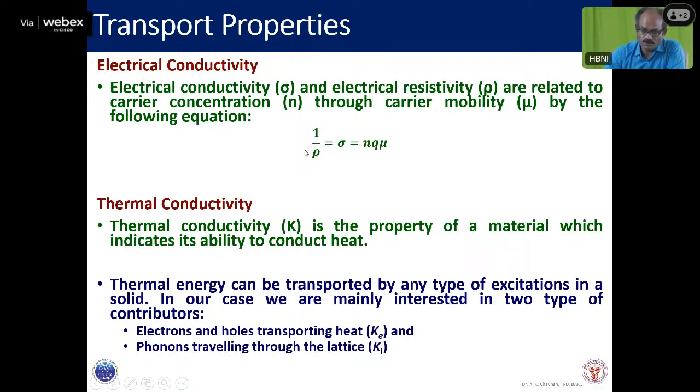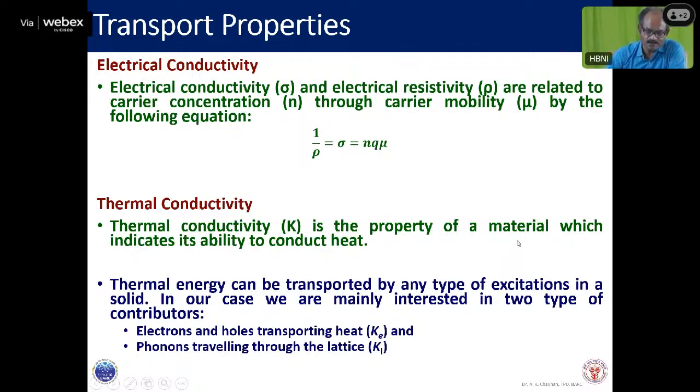So this is your conductivity, and this is your resistivity. Resistivity is 1 over conductivity, the reciprocal of the conductivity, and it is related to carrier concentration, charge, and mobility.